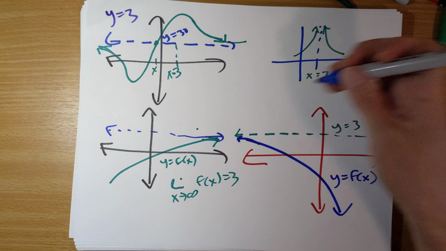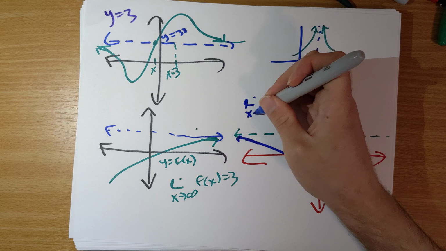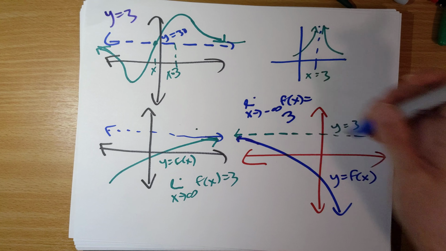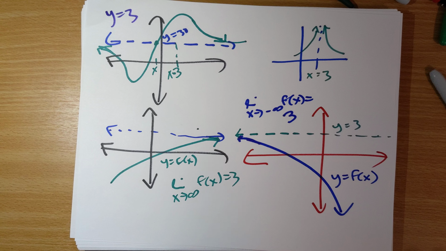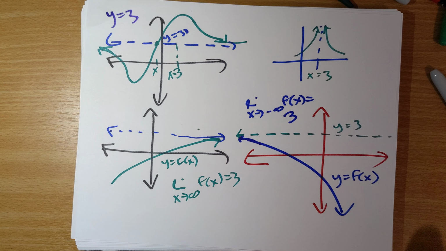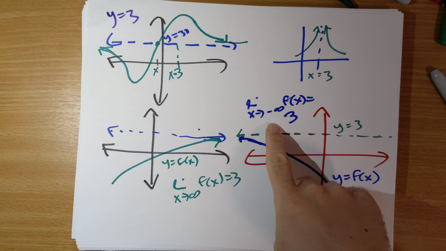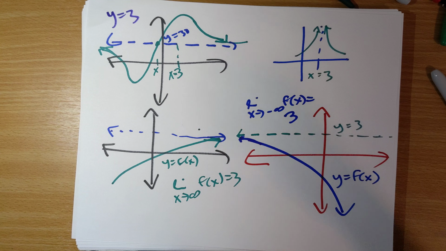Here we can see that the limit as x goes to negative infinity of f of x is equal to 3. And that gives us our horizontal asymptote. But the limit as x goes to positive infinity, I should emphasize the positive there, of f of x is negative infinity.